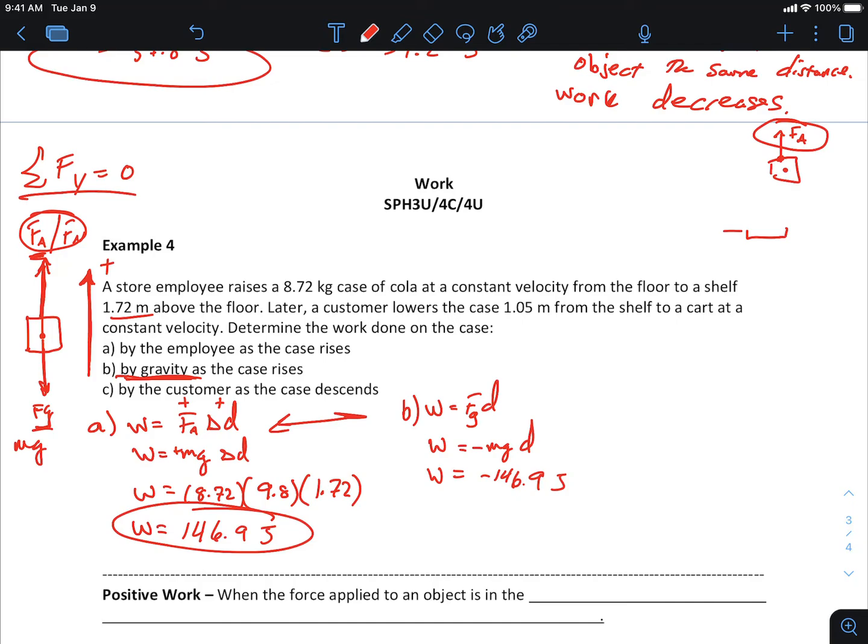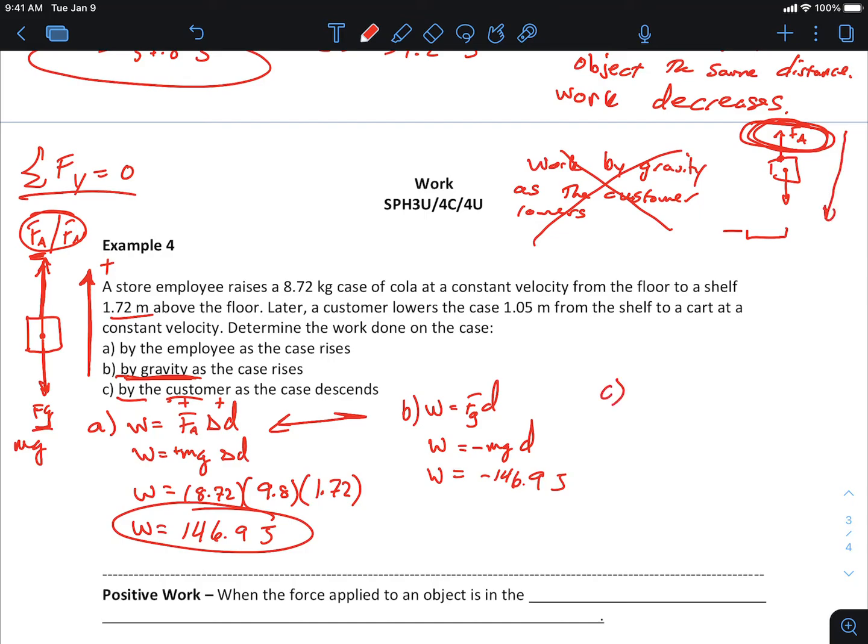Okay, gravity is still acting down, but we're not asking about the work by gravity as the customer lowers. Right? This is not the question that we're asked. We're asked about the customer. So we're interested in the applied force of the customer, right? What's the displacement? Well, the displacement is coming down off the shelf, right?